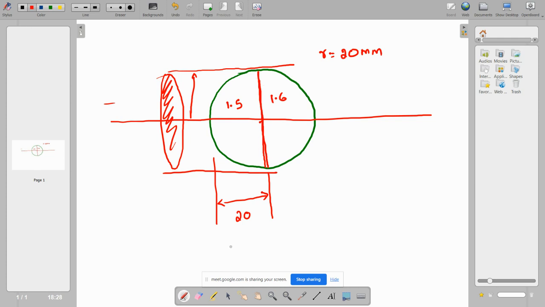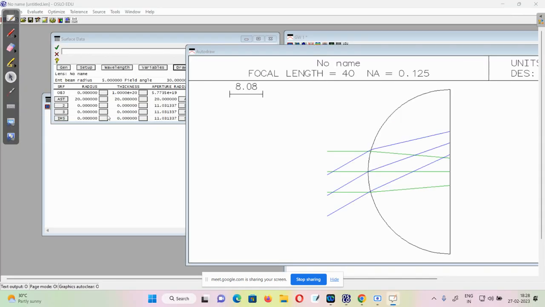So what will be the radius of curvature for Oslo? Radius of curvature is actually infinity, but in Oslo we cannot put infinity. If there is a plane, the radius of curvature should be 0. Any doubt for that one?